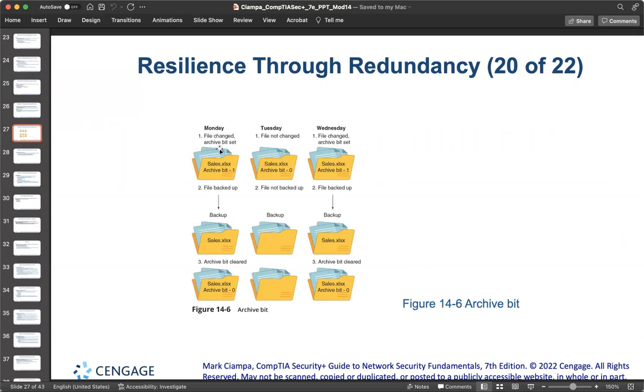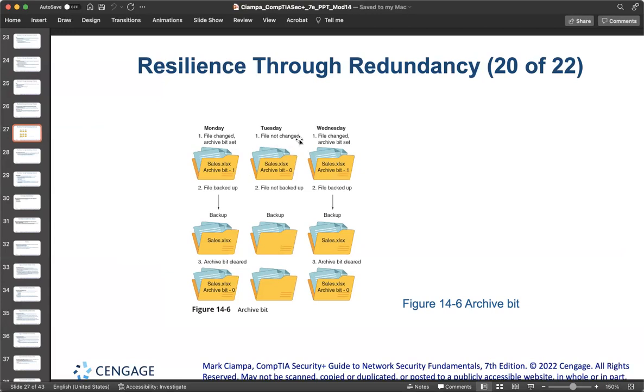You set the archive bit, you take your file backup, put the backup in the backup place, and then after that, you clear the archive bit back to 0 so that you know, okay, this data is backed up after the change. Note that the change is what changes the archive bit to 1.